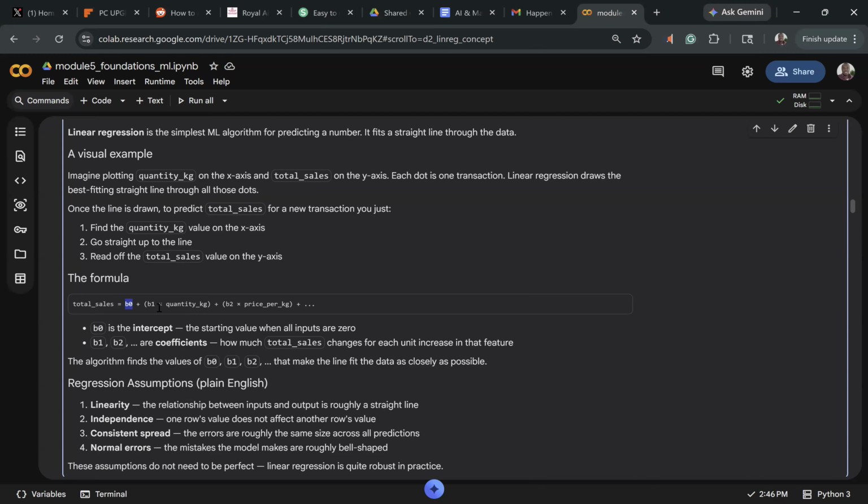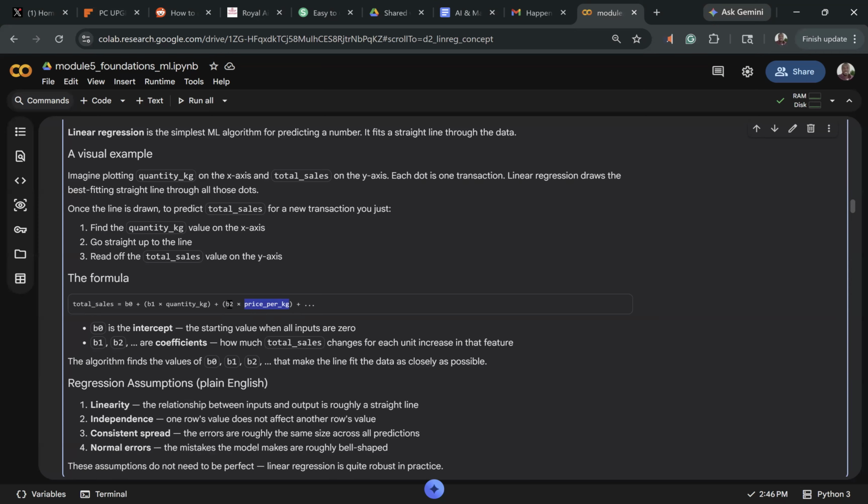We then add the coefficient for the first variable, the coefficient for the second variable, and you multiply each coefficient with the input of the variable, such that a unit increase in that feature tells us how much the total sales is going to increase if we increase this feature by 1 unit.